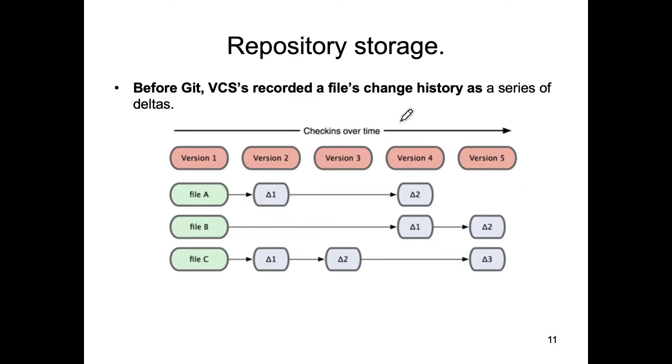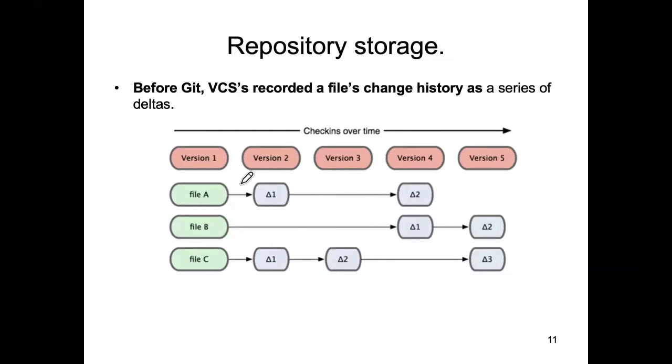If at any stage I want to find out what the state of my working copy was when I did my third update, the tool kind of works backwards. It starts here and adds the changes, the deltas, and then reconstructs the file for you, because it doesn't know what the actual state of file A, B, and C is.